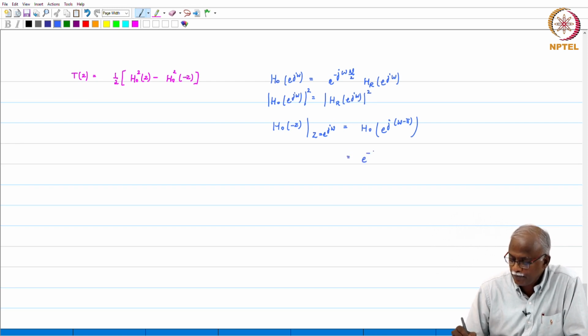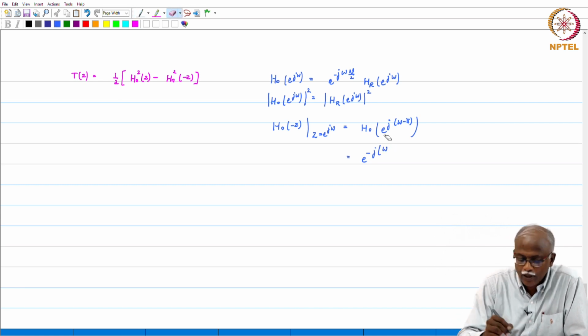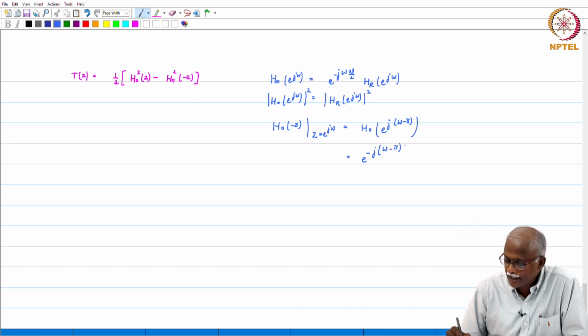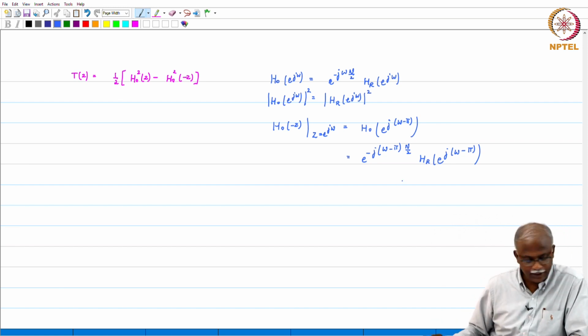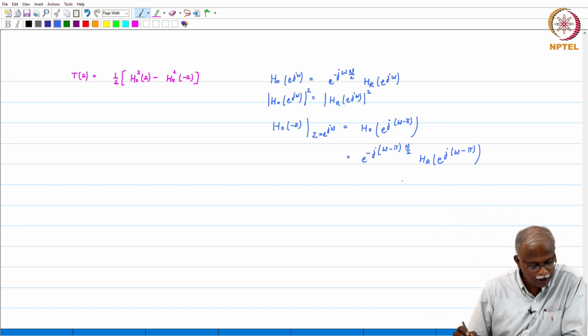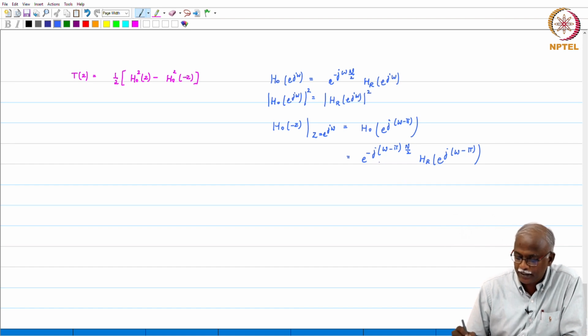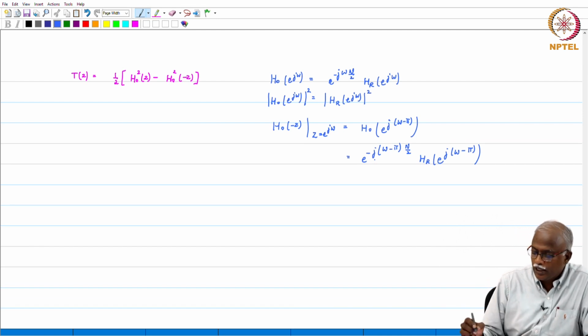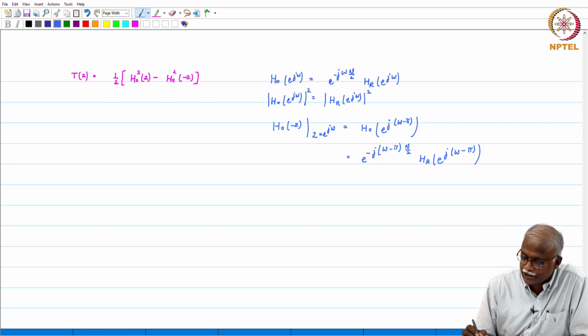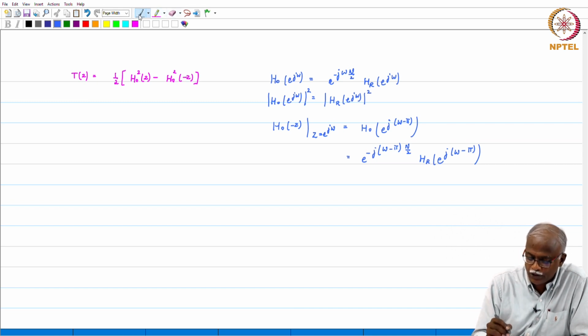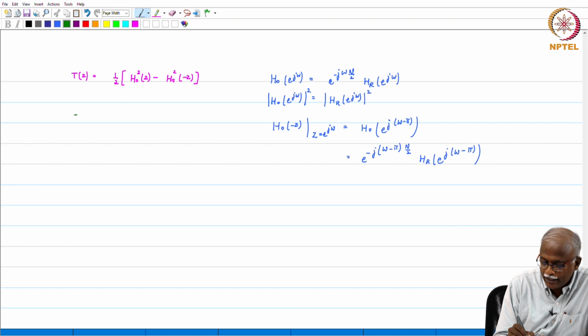This will be equal to e power minus j times omega minus pi times n by 2 times H r e of j omega minus pi. Okay, that is the expression that we have. And if you take modulus squared, we can then show the expression. So now what we need here is not H naught magnitude squared, but H naught squared. So let us substitute and obtain the expression.